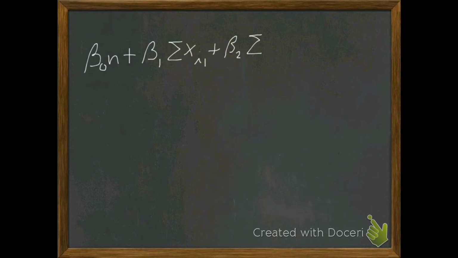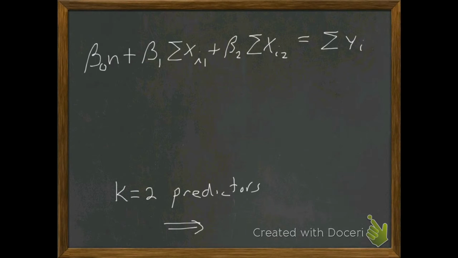that should be xi1. I'm getting sloppy here. All right, the next one would look like, now again, let's think. I'm going to erase this. We have k equal 2 predictors, so we're expecting k plus 1 normals.